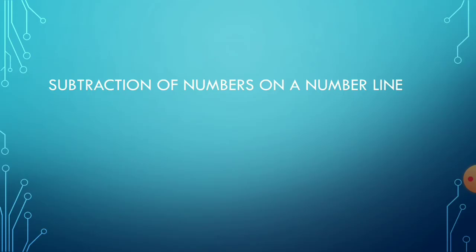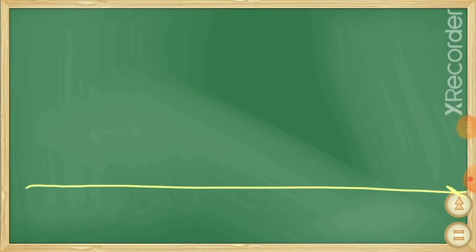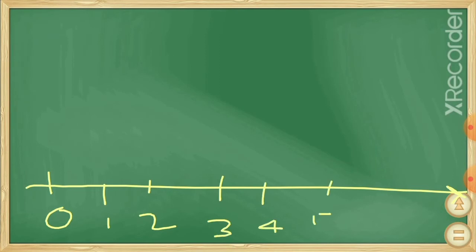Now how do we subtract numbers on a number line? Let's take again an example and make a number line. So this is a number line and we again mark it up to as much as we can. That is 0, 1, 2, 3, 4, 5, 6 and then 7.